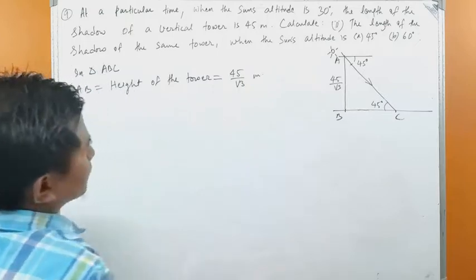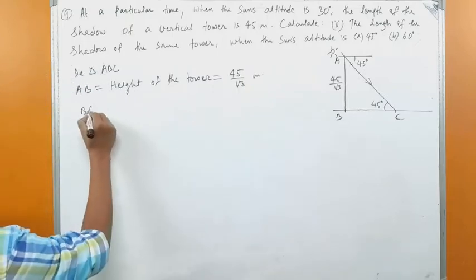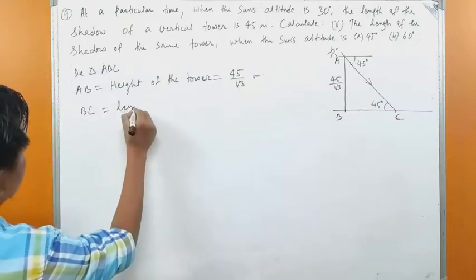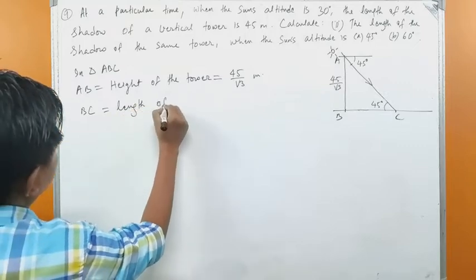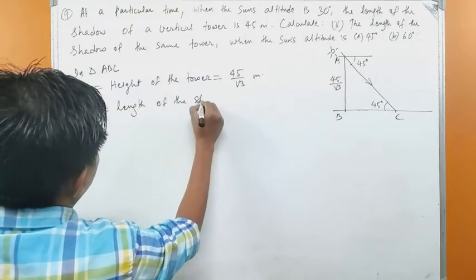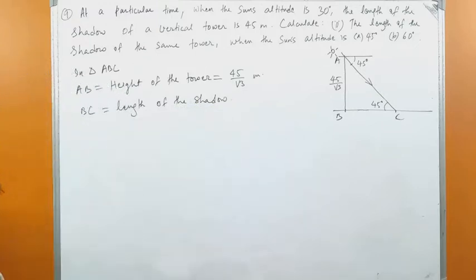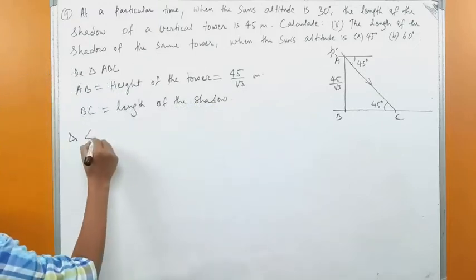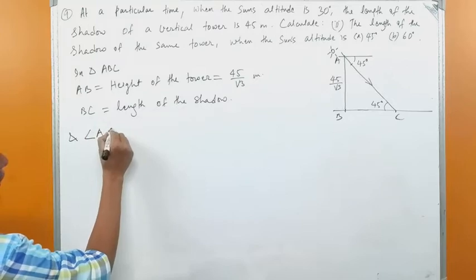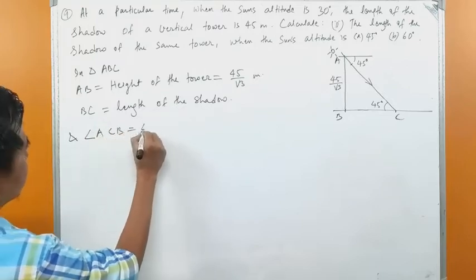So BC is the length of the shadow of the tower. So this is what we are asked to find. And angle ACB is 45 degree in the first case.